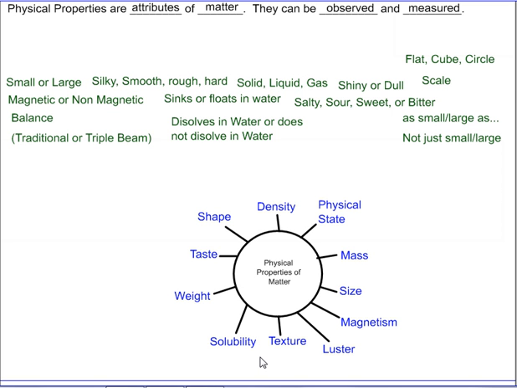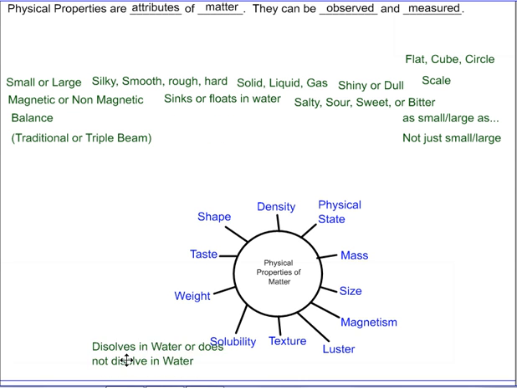All right, when you talk about physical properties, solubility is a physical property, and when we talk about solubility, we're going to talk about its ability to dissolve in water. So your note on solubility is dissolves in water or does not dissolve in water.